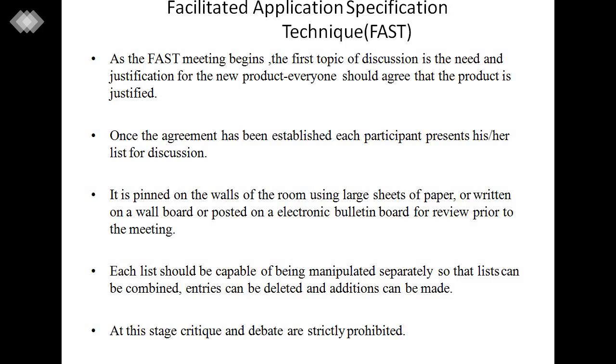Each list should be capable of being manipulated separately so that lists can be combined, entries can be deleted and additions can be made. At this stage critique and debate are strictly prohibited. So these are the pre-meeting preparations related to our FAST.